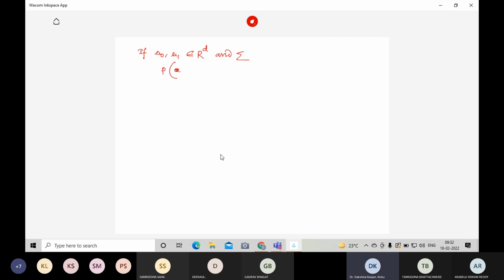We can write this also as capital X at point small x, given the class information y equals small c.